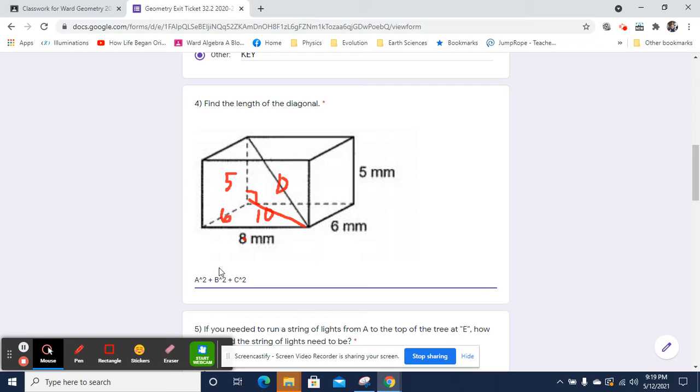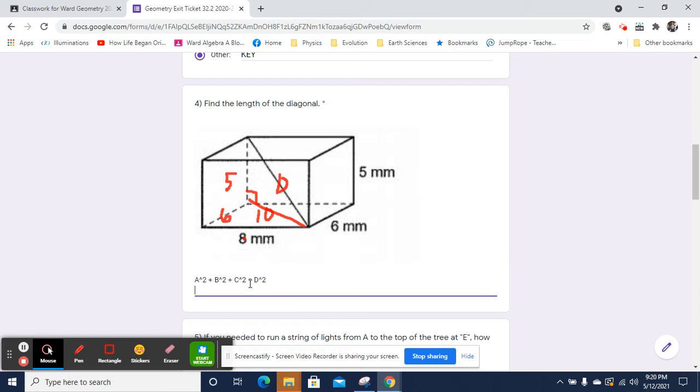A squared plus b squared plus c squared will equal d squared for diagonal. You might think of this as the x, y, and z axes. So x squared plus y squared plus z squared will equal diagonal squared.